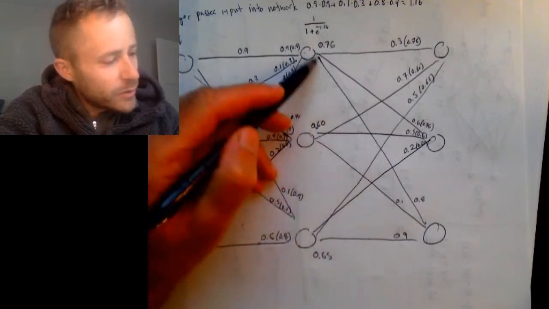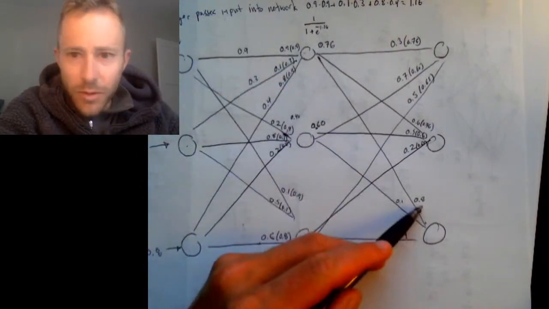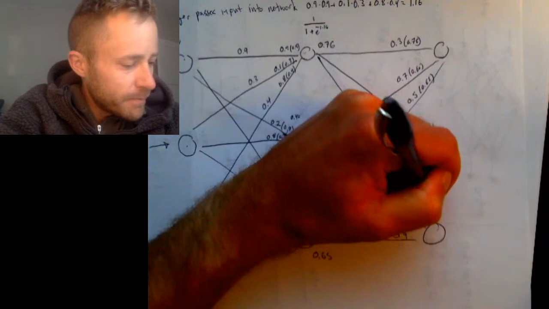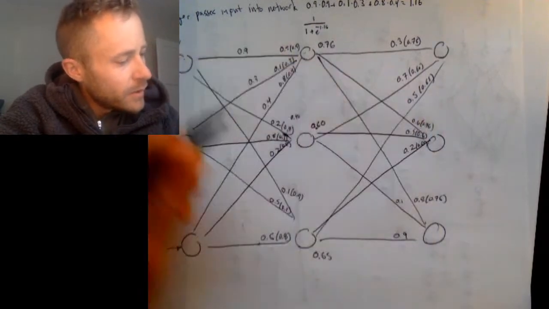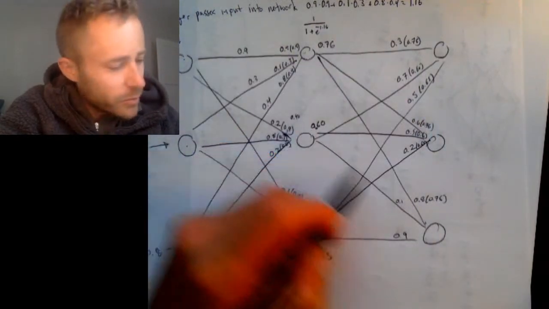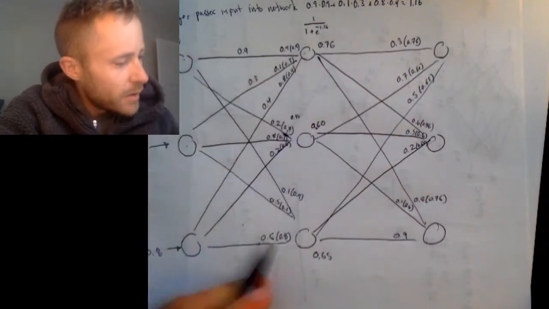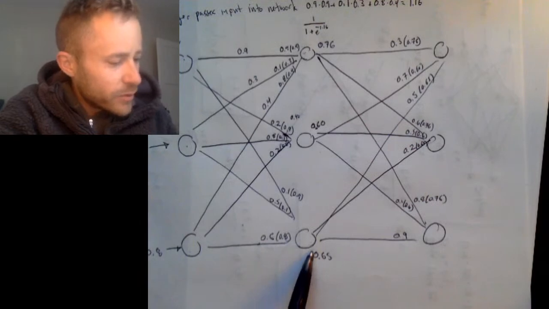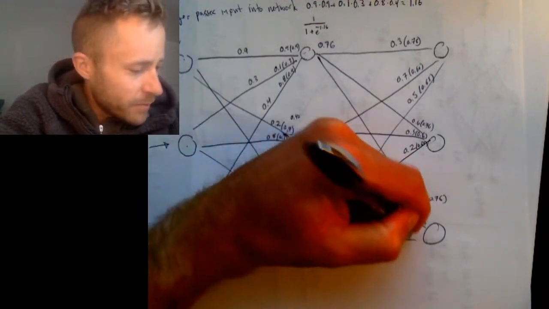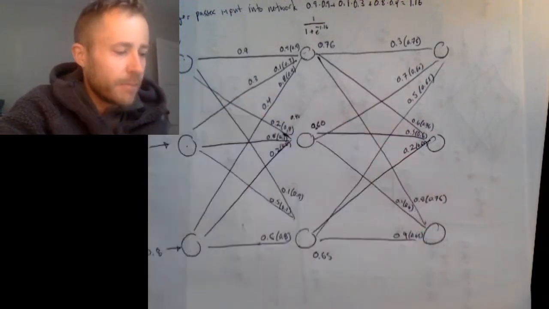Then for this last one, 0.76 gets multiplied by 0.8, 0.6 gets multiplied by 0.1, and 0.65 gets multiplied by 0.9.